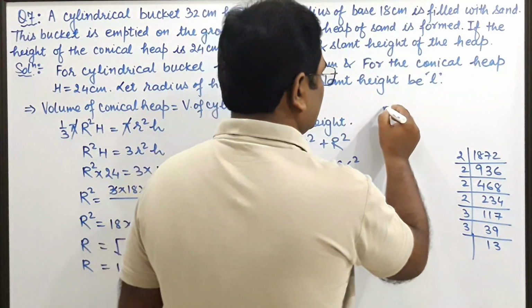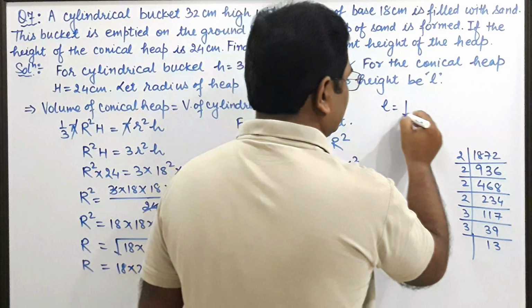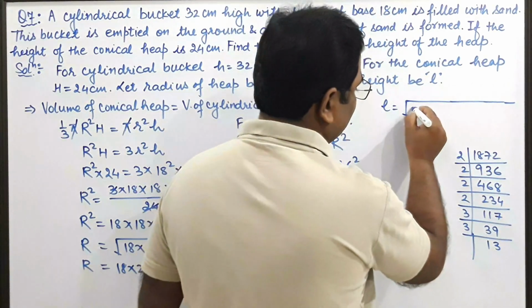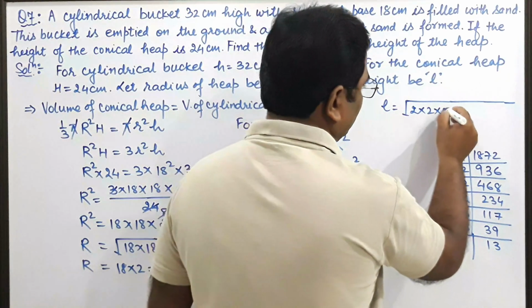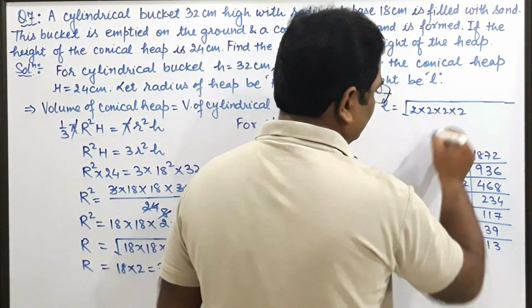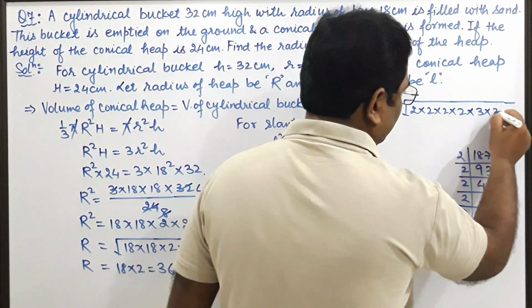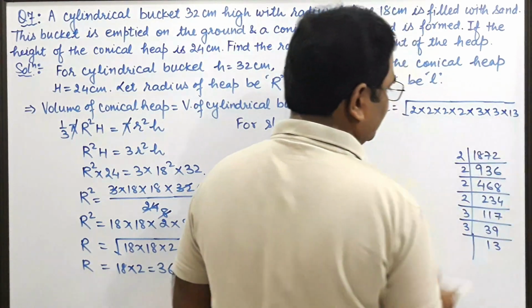So this slant height L can be written as square root of 4 times 2, that is 2 multiplied by 2 multiplied by 2 multiplied by 2, 3 times 3, 2 times 3 and 1 time 13.